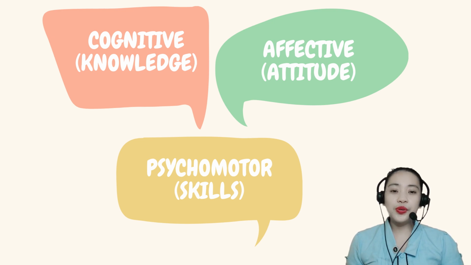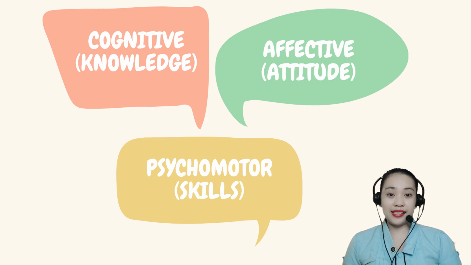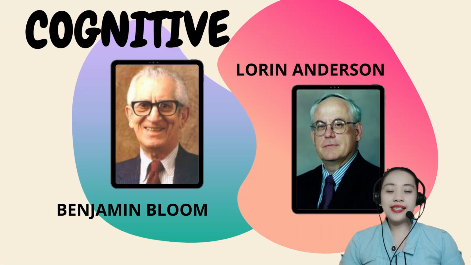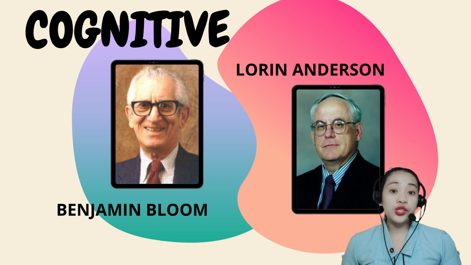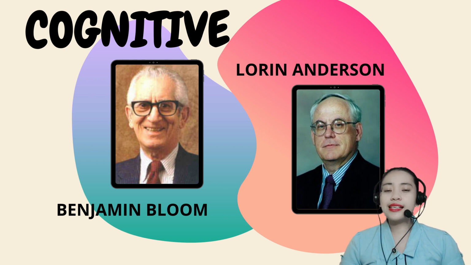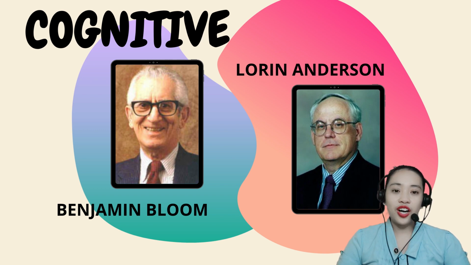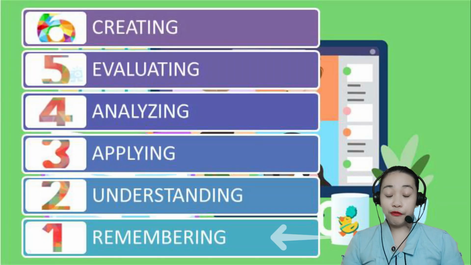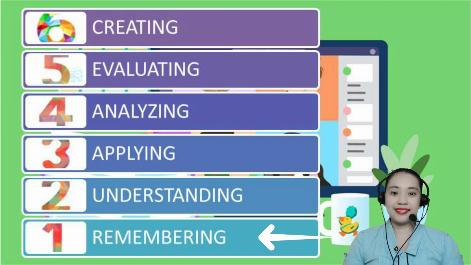Let me introduce to you the levels of these domains. For cognitive domain, Benjamin Bloom's Taxonomy of Objectives was revised by Lorin Anderson that shows the 6 levels of learning in the cognitive domain. These are, first, remembering.